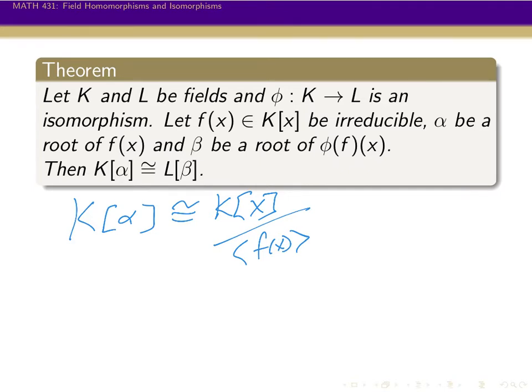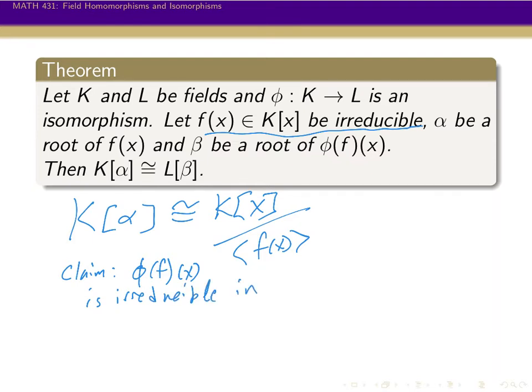Okay, so I need to convince you that since f of x is irreducible, its image has to be irreducible as well. And so I'm going to claim that phi of f of x is irreducible in L of x, and this will be by quick contradiction.